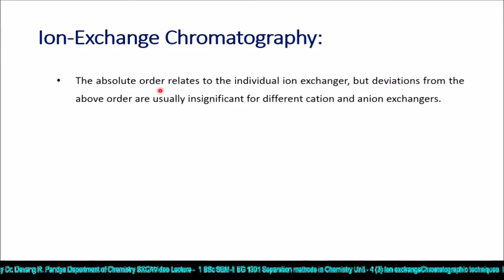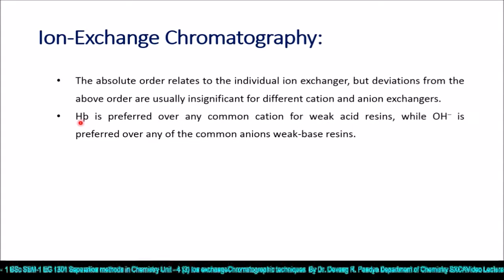So this is the order of selectivity of cations or anions as counter ions. The absolute order relates to the individual ion exchanger, but deviations from the above order are usually insignificant for the different cation and anion exchangers. Hydronium is preferred over any common cation for weak acid resins, while hydroxide ion is preferred over any of the common anions for weak base resins.